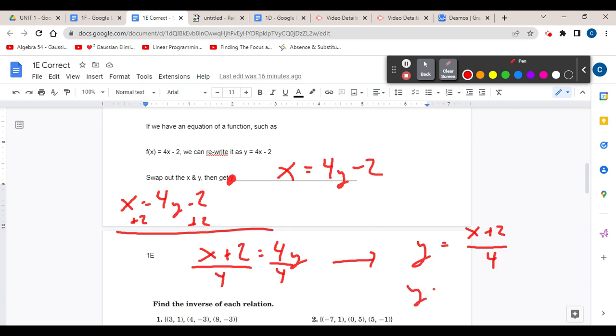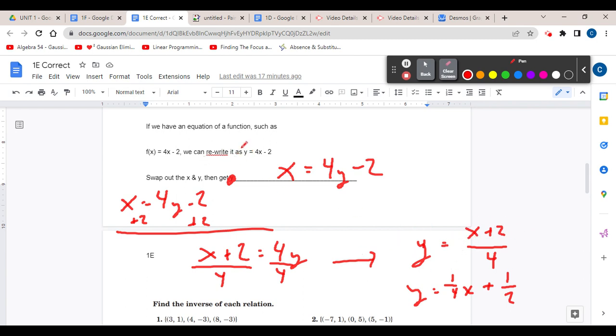It may look like y equals 1/4 x plus 2 over 4, which is 1/2. It could be written in decimal form. So we just need to be careful about how we solve this to get the y by itself.